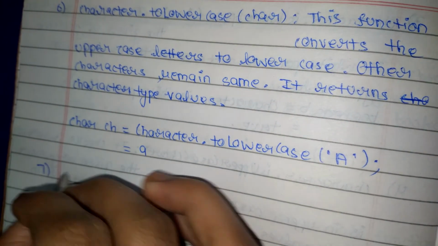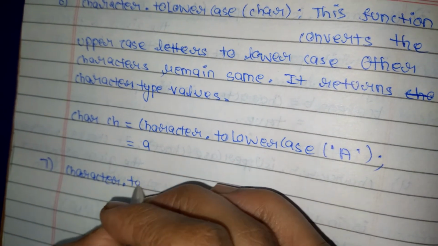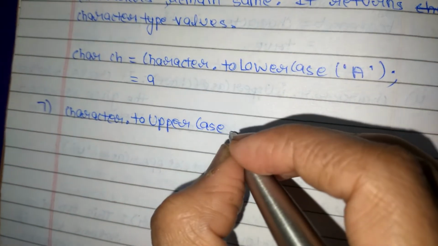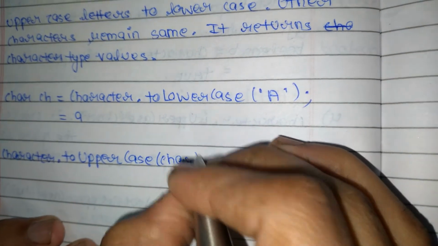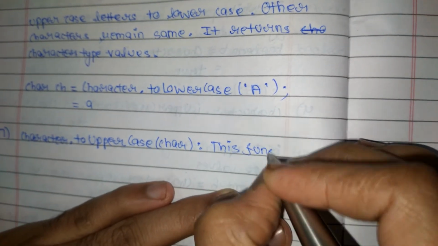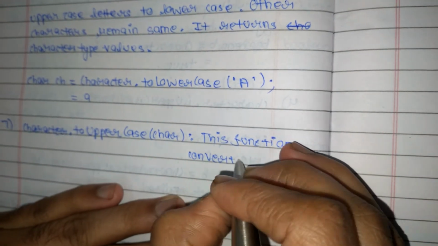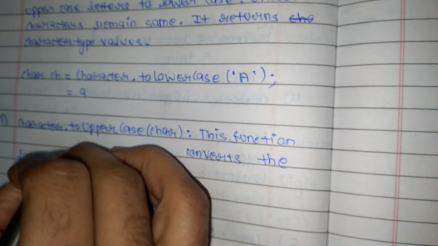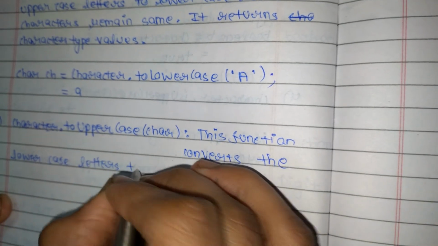Now the seventh and the last one, Character.toUpperCase, char ch. This function converts the lowercase letters to uppercase.